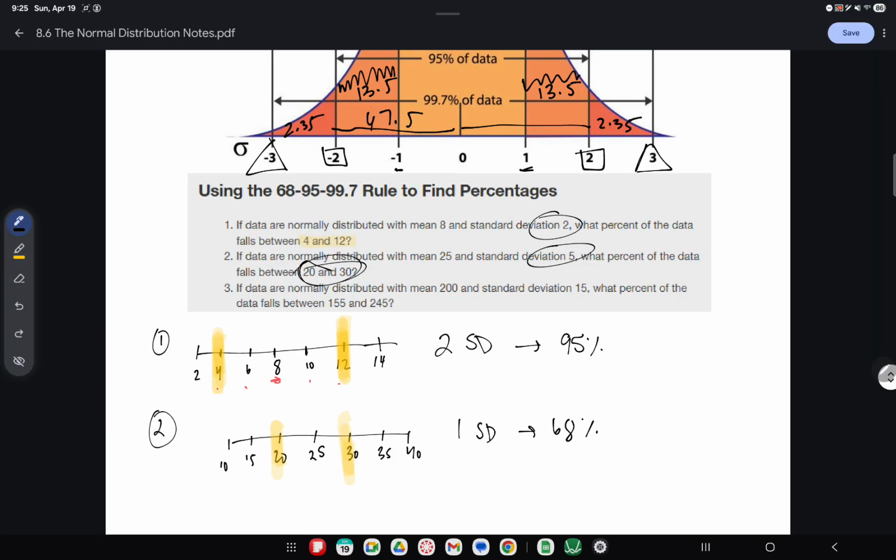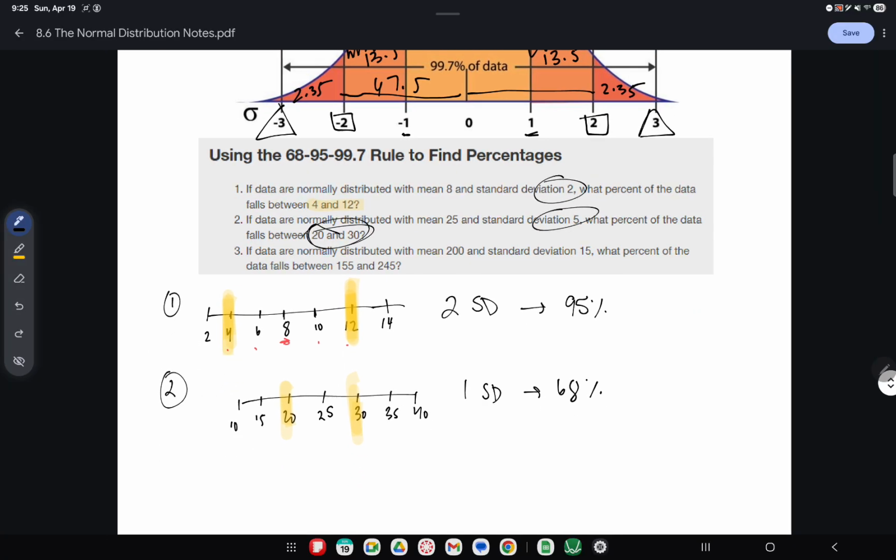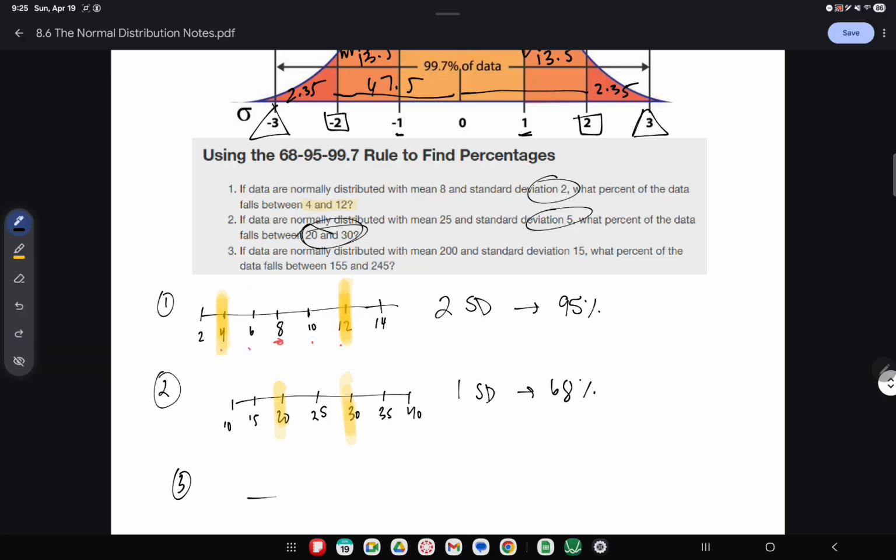Okay, let's look at the third one. If normally distributed, a mean of 200 and a standard deviation of 15, what percent falls between 155 and 245? Well, let's find it. We're adding 15 each time. So 215, 230, and then 245. So 245 is that upper bound here.